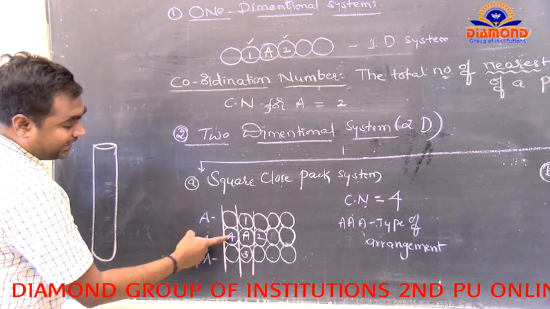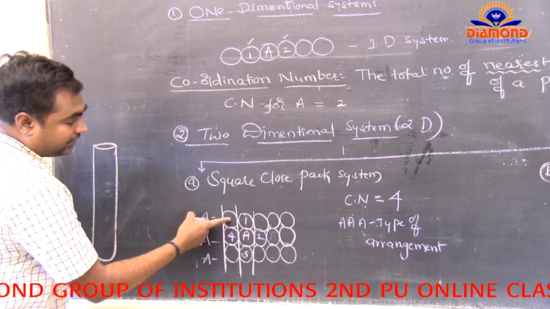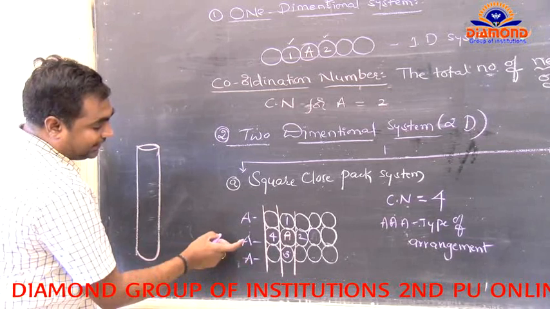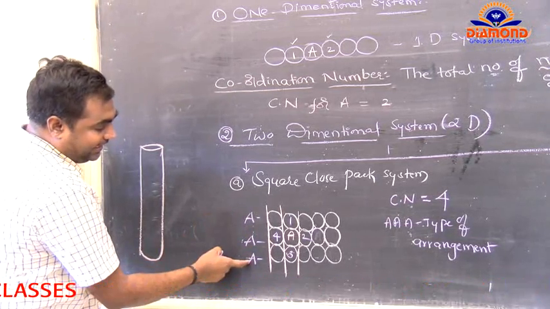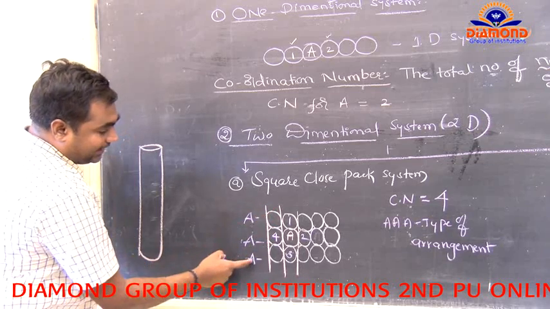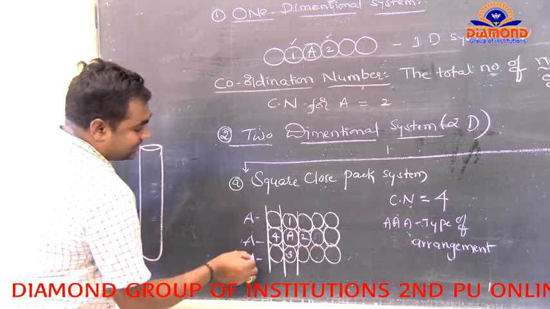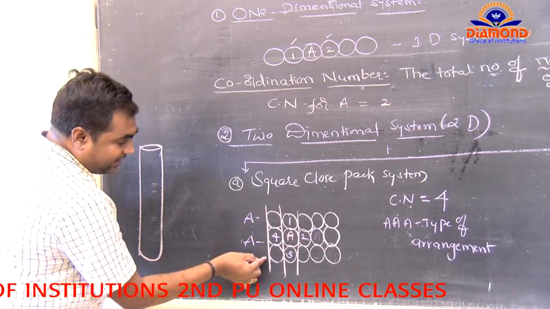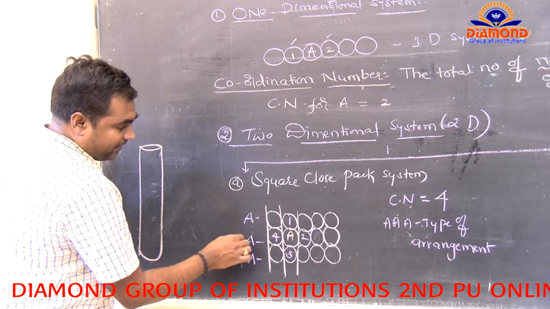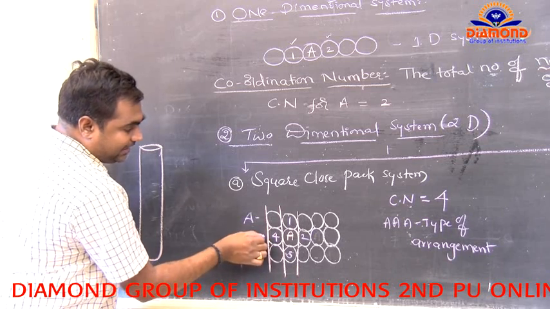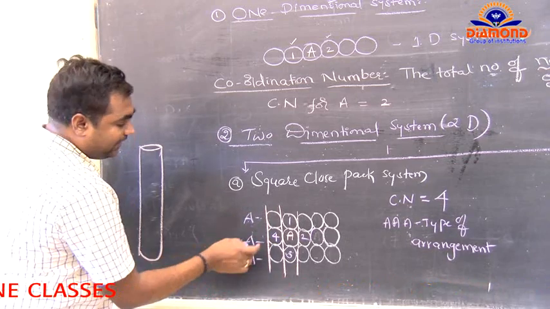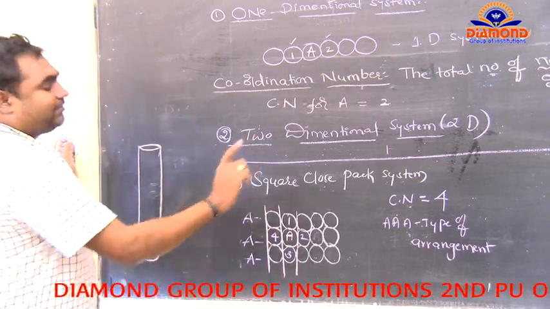This is repeated. If you take this row as A, then the same arrangement is repeated in the second row, A. Again the second is the same as the third row. This is the A type of arrangement.